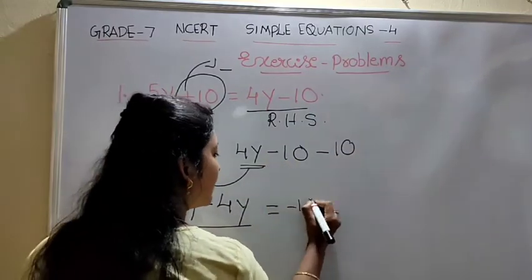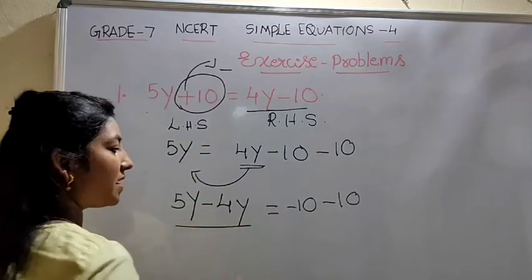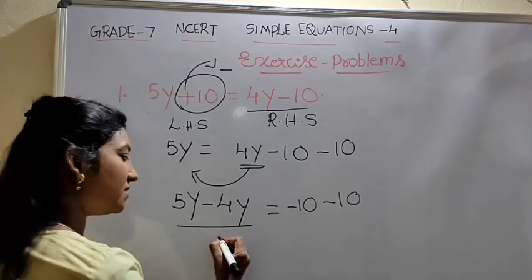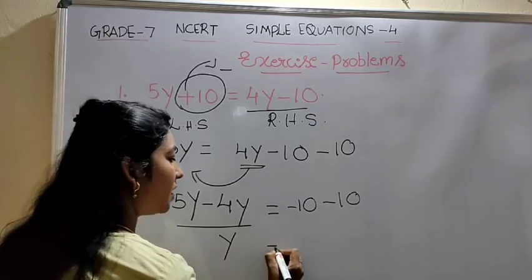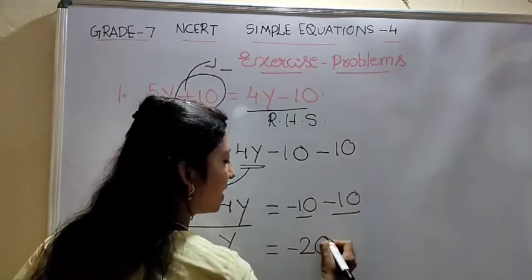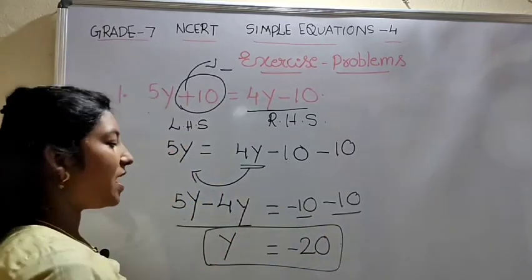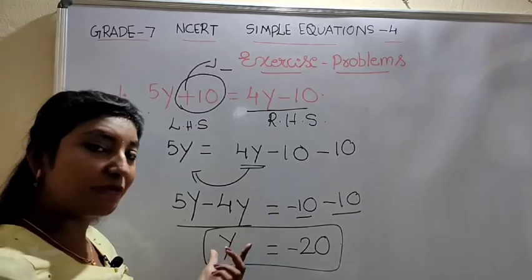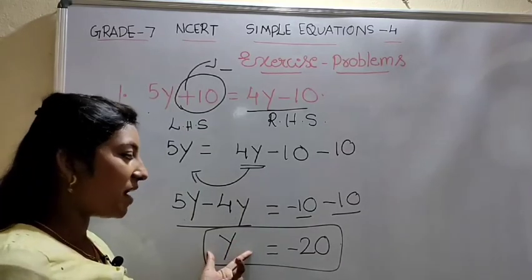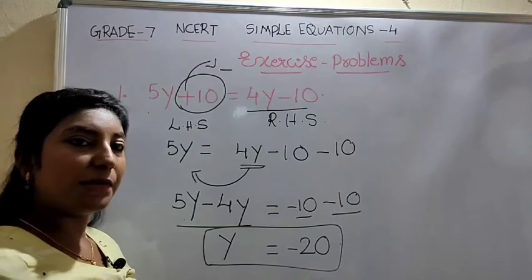Now minus 10 and minus 10. 5y minus 4y, which becomes y equals to minus 10 minus 10, that is minus 20. So we have got the value of the unknown variable. What is the unknown variable here? Y. So y equals to minus 20 is the value.